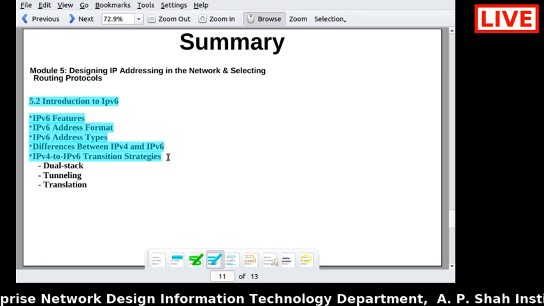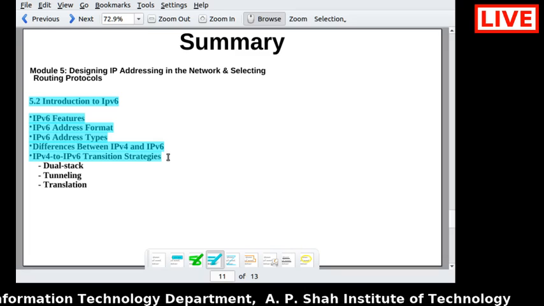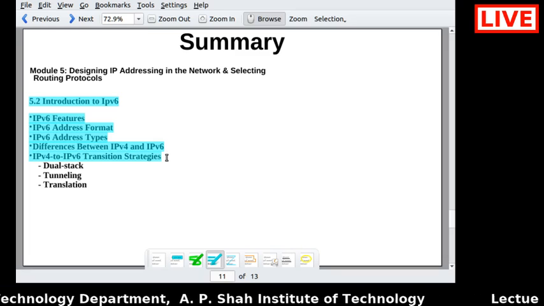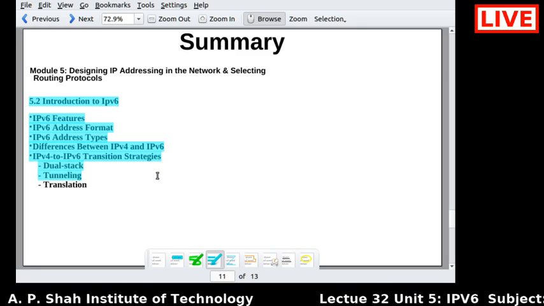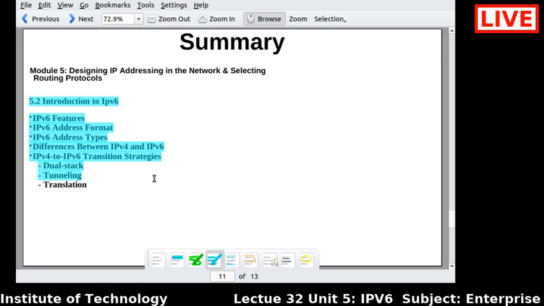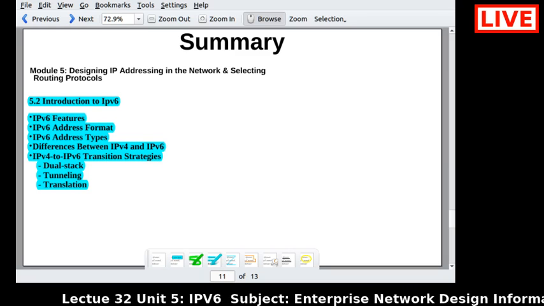And then the transition strategies, right, how we convert from IPv4 to IPv6, by using the dual stack technique, the tunneling technique, and the translation technique, right. So all these things we have discussed today. Okay.